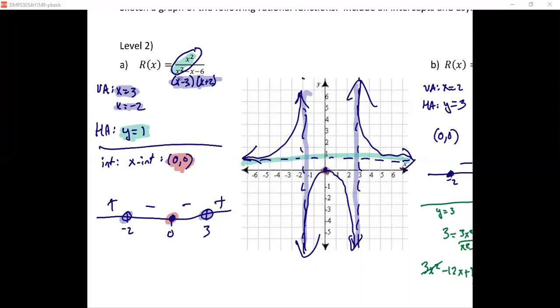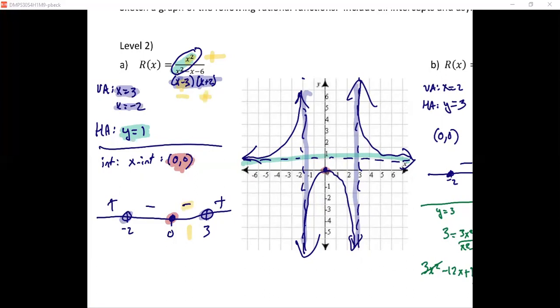So for instance, what happens if I plug in, say, a 1? If I plug in a 1, I will get 1 squared, which is 1, over 1 minus 3, and I really should look at that as positive over 1 minus 3, which is negative, and 1 plus 2, which is positive. A combination of 1 positive and 2 negatives together gives us negative overall.